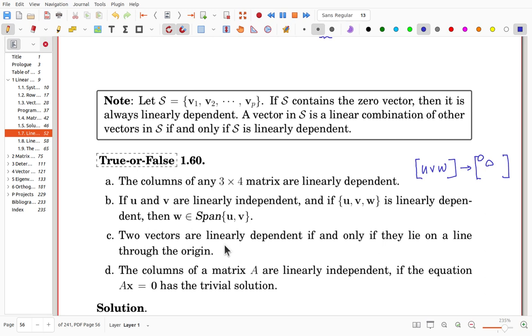Linearly dependent means that one vector can be made from the other one, so essentially they can be put on one line through the origin. In any case, it is true.